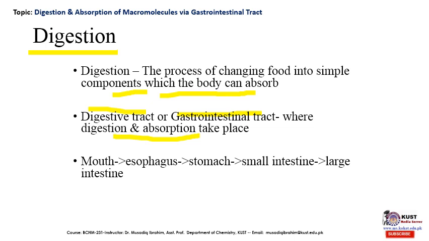So the route of digestion starts from the mouth, and then you have a specific region within the digestive tract known as the esophagus. After the food enters the mouth, it reaches the esophagus.